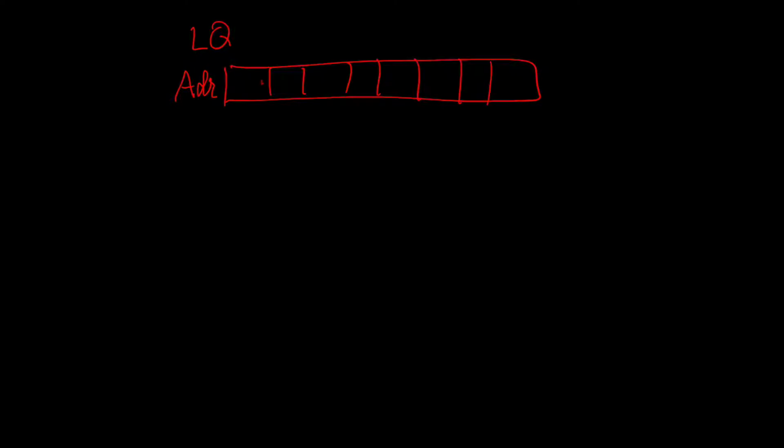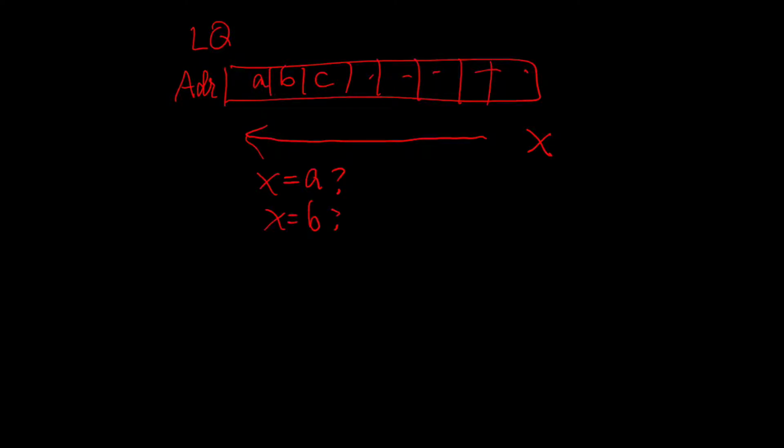Now I have a new address, X. I need to search in the load queue, in a certain direction, only those addresses that are younger than me, for instance. Is there a match? What I want is to compare. Is X equal to A? Is X equal to B? And so on, right? This is the same problem that Bloom filter is trying to solve.